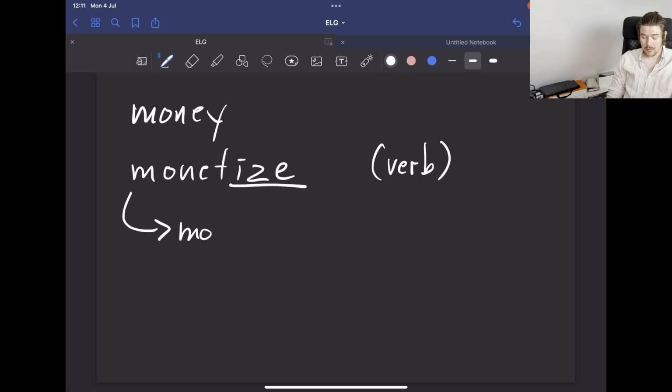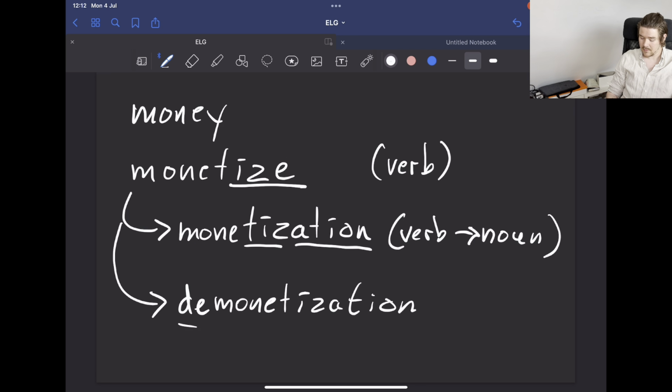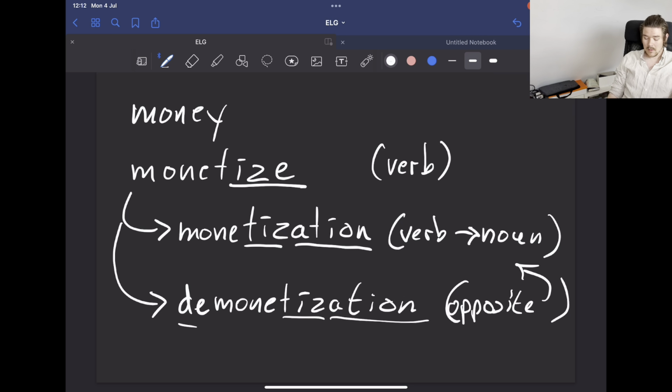From here you can go to monetization, turning the verb into a noun. And then you can add de-, demonetization, meaning it's the opposite of this. Just being able to do this and knowing what you are actually doing is so useful when speaking and writing.